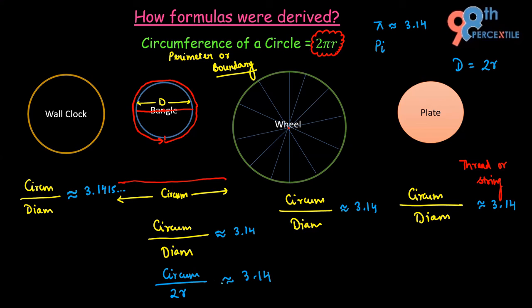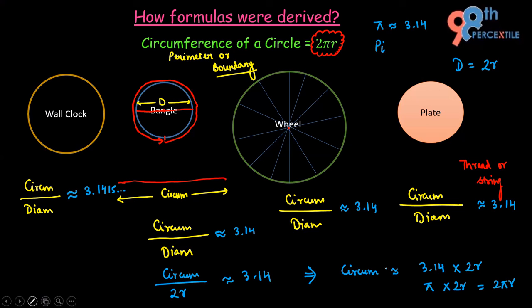Now I can multiply both the sides by 2 times r. So I'm going to get the value of circumference as approximately 3.14 times 2r. And what is this 3.14? It is nothing but pi times 2r, or we can also say 2 pi r. So this is how we get the formula for circumference of a circle, which is 2 pi r.